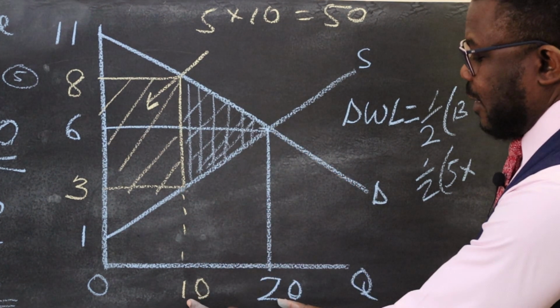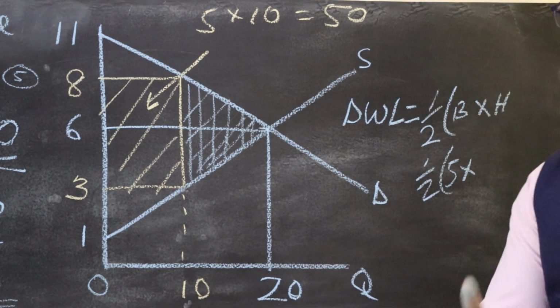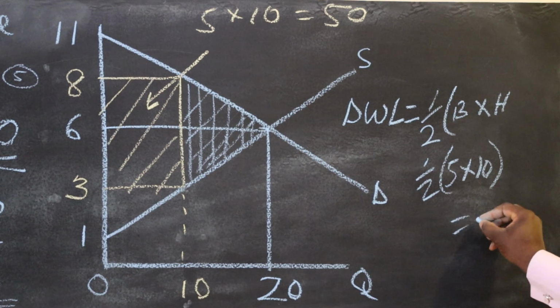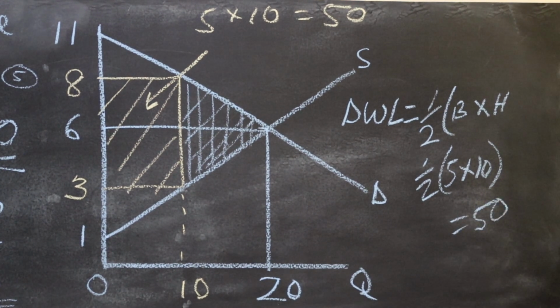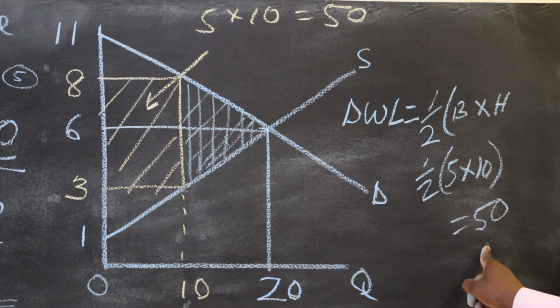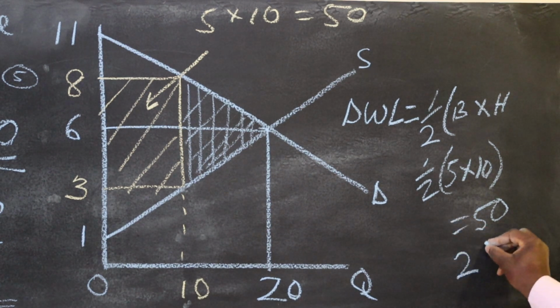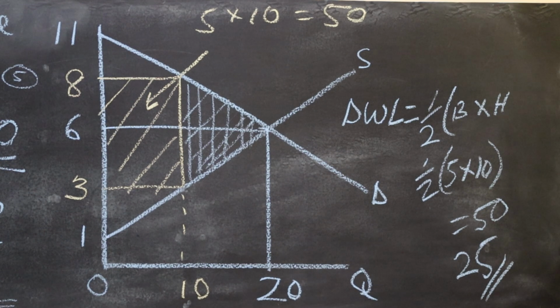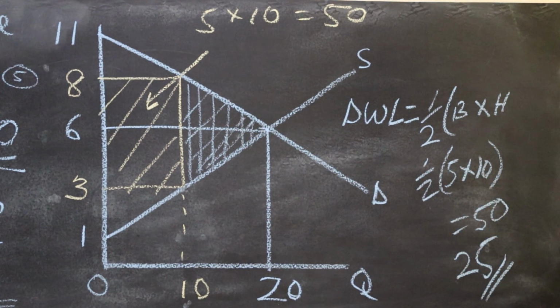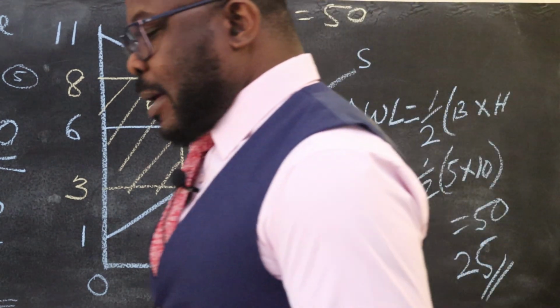That's 20 minus 10, and that's 10. So 5 times 10 gives you 50, and half of that is 25. So the deadweight loss here is 25, as you can see.